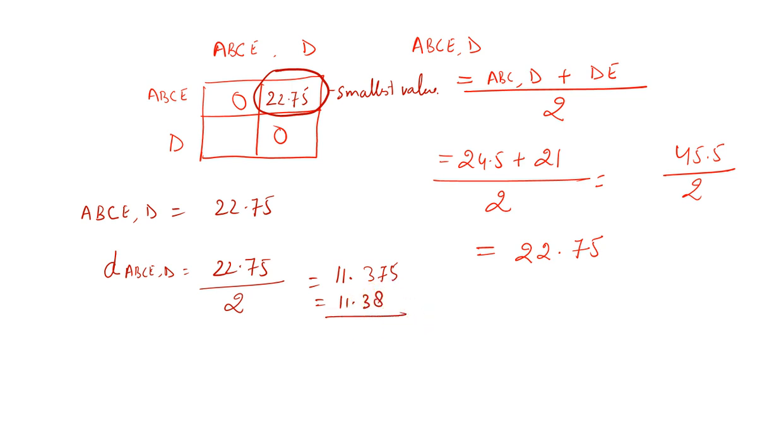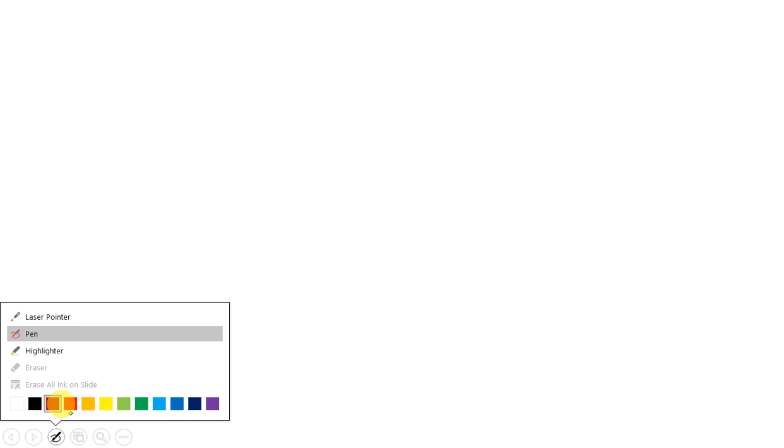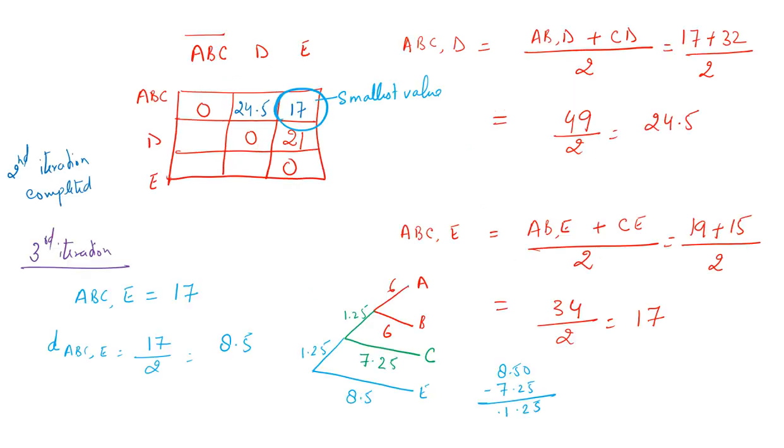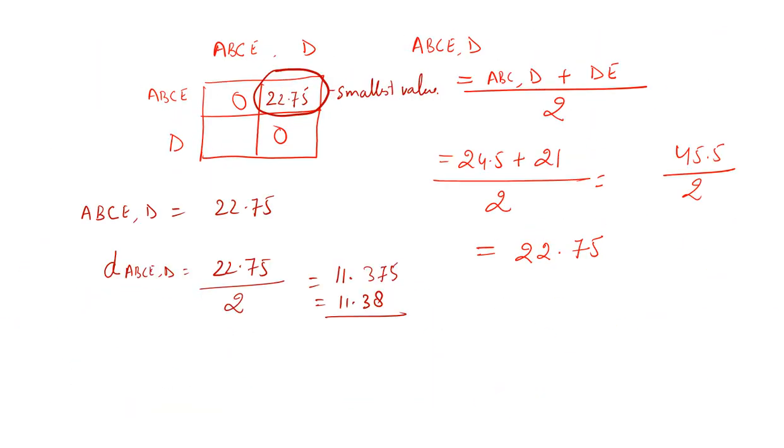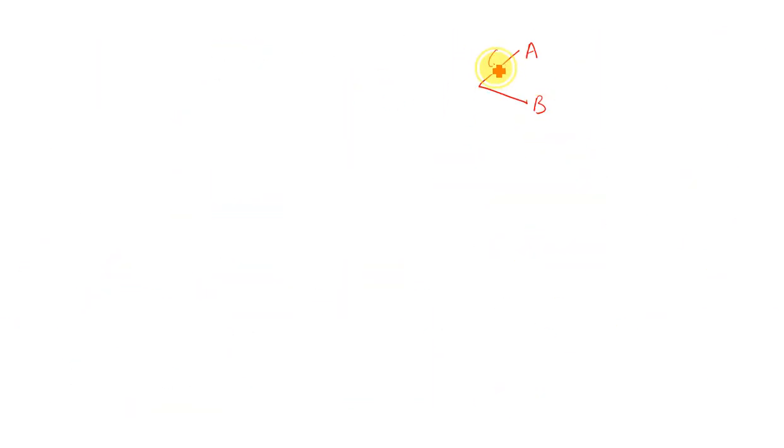Okay. Now again we have to construct the final tree. If you remember the tree which we made earlier, this was our first tree, that is AB, and this was 6 and 6. Then we have another tree that is ABC and it was 7.25, so it is 1.25.